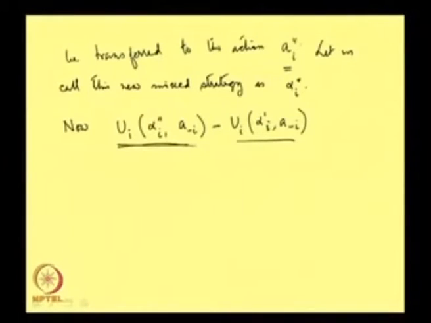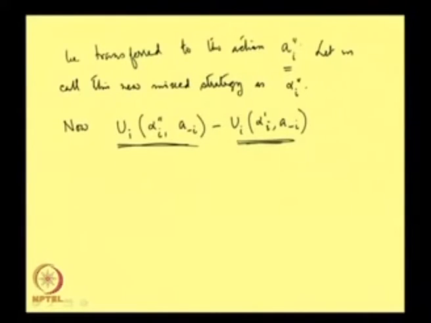Now, in the double dashed case, player I is having no probability attached to the action a_i'. So, I do not have to write that particular component.